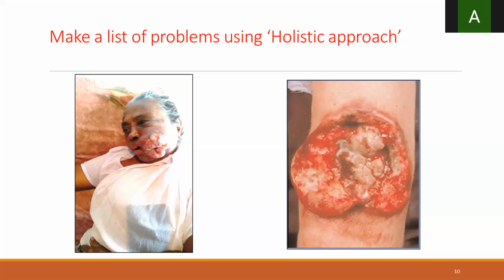Many of the pictures in this presentation I have taken from the net, but when we go through those pictures we are so traumatized by looking at them. We can just imagine what would happen if it were on our own body.